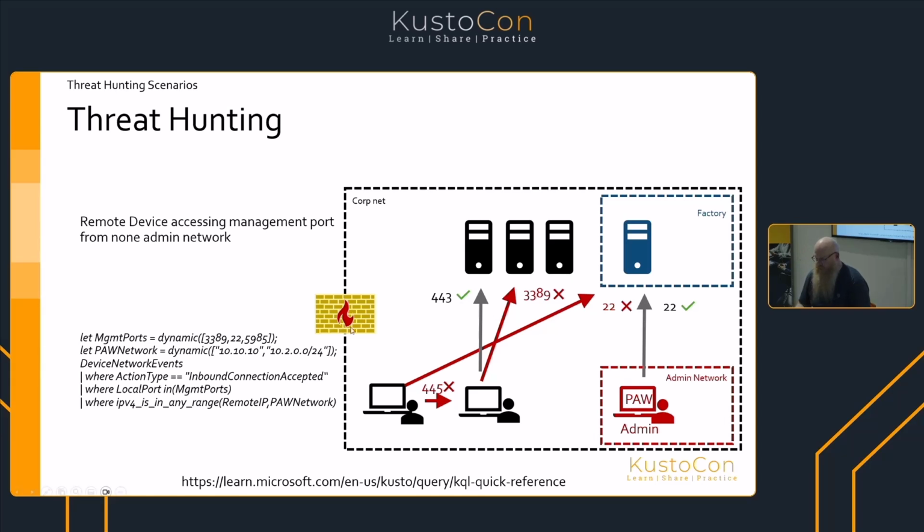Or as shown on this picture, if you have connections to a factory network that is not expected. Maybe you expect it to come from this admin network, then it's a green light and you're good to go. But if it comes from the client network, then you should alert on it. So this is how you can monitor your internal network and see if you have any connectivity to management ports from places where it shouldn't come from.